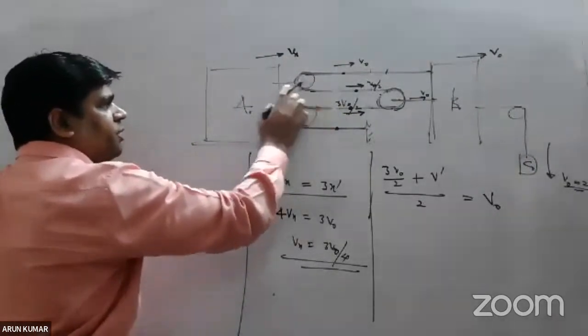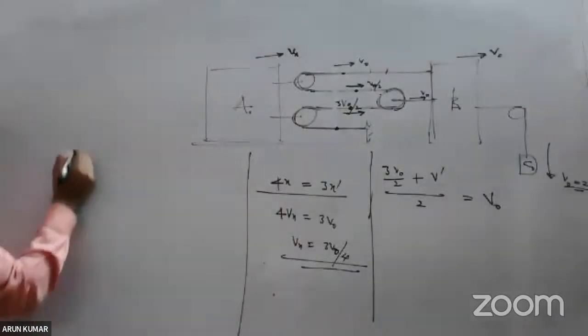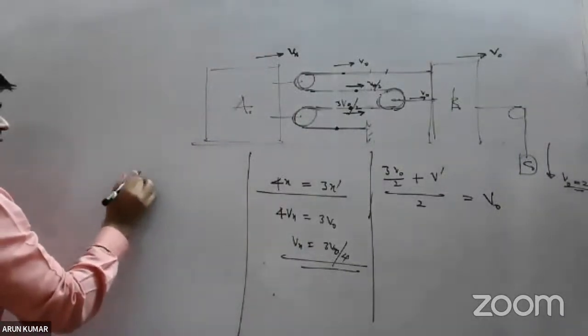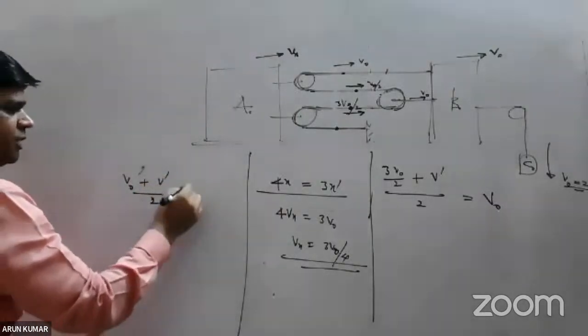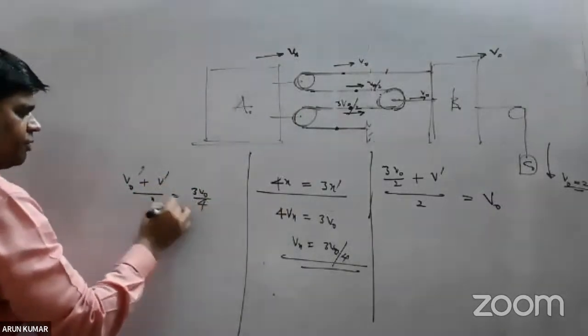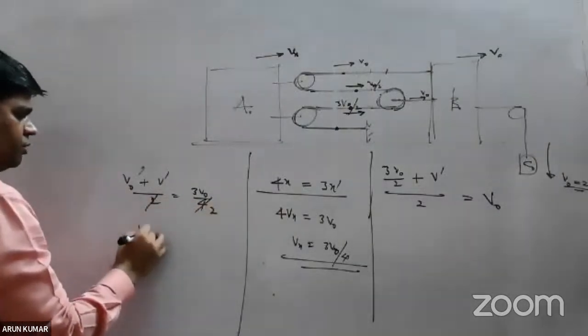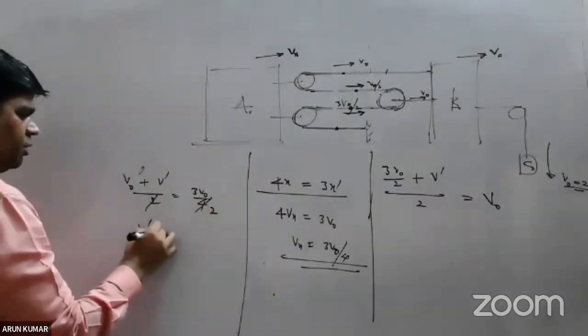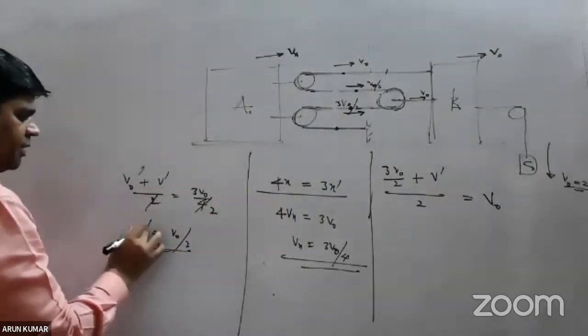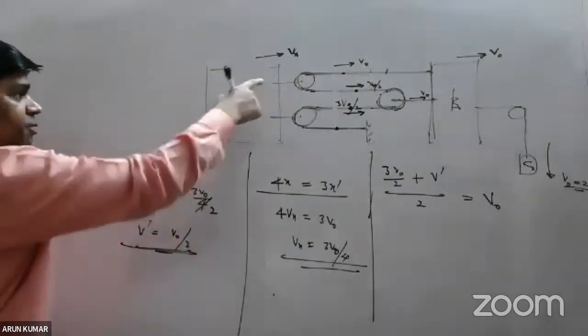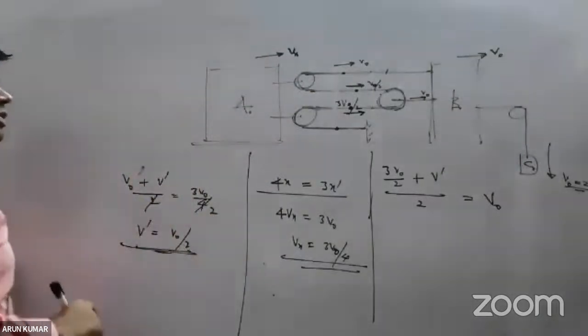That's right, isn't it? V naught plus V prime by 2 is equal to Vx. What is Vx? 3V naught by 4. So V prime is 3V naught by 2 minus V naught, V naught by 2. See, I'm getting the same thing again. Whether I use this pulley or that pulley, I'm getting V naught by 2 itself. Alright.